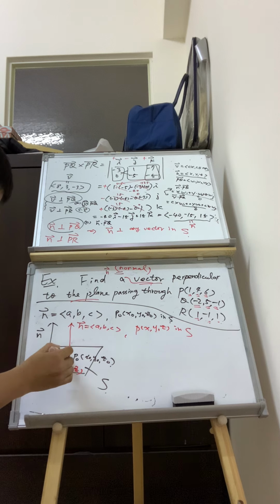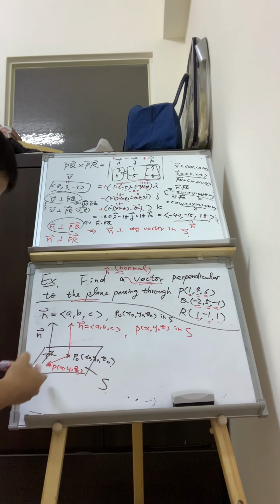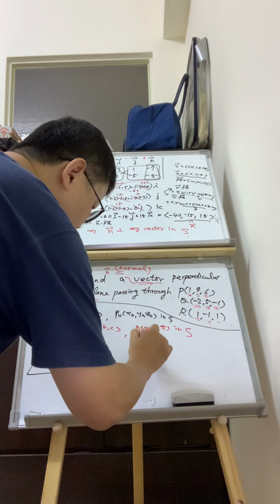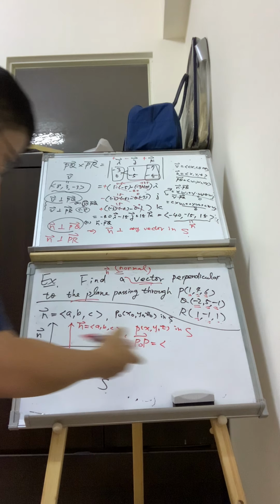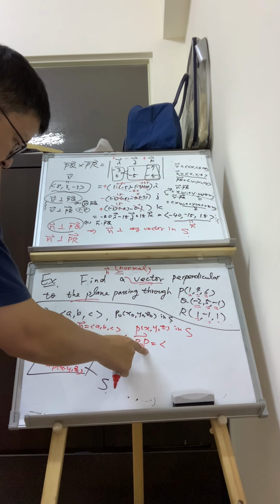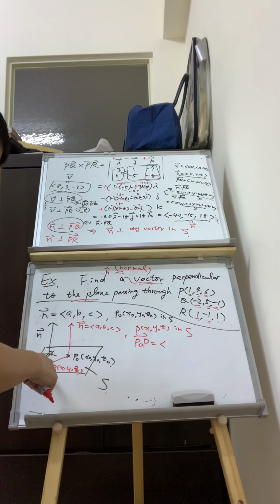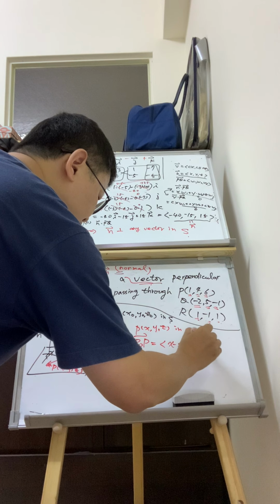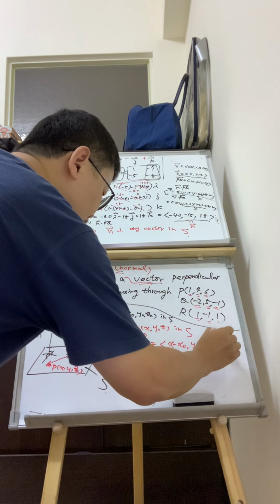Now we consider the vector P0P. P0 is the initial point and P is the terminal point, so terminal subtract initial gives (X minus X0, Y minus Y0, Z minus Z0).